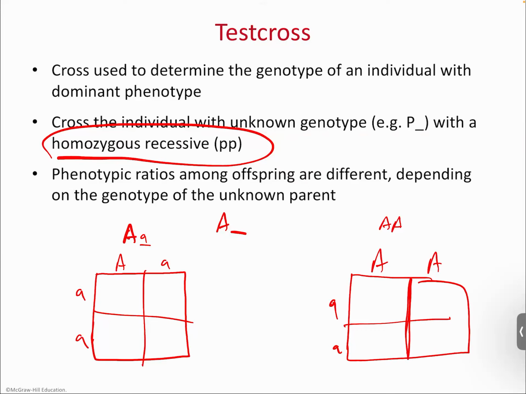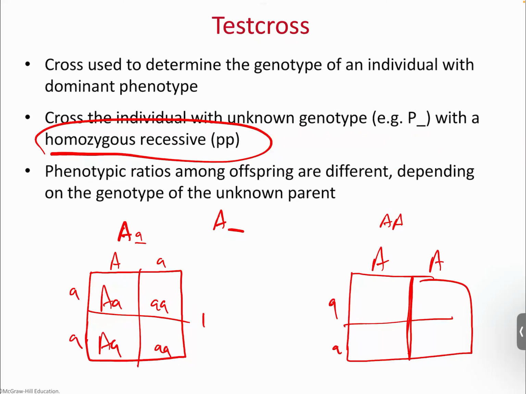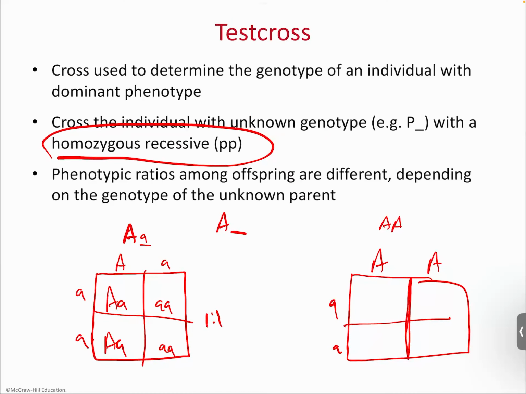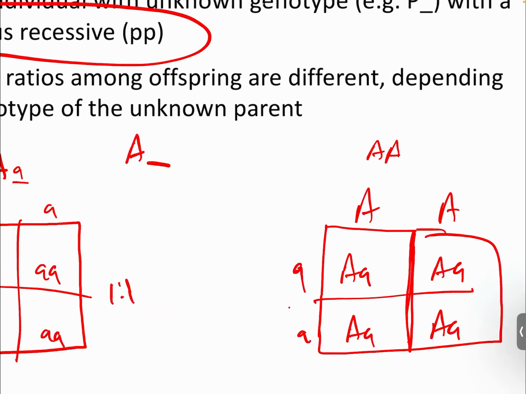So your offspring then will have a diagnostic look, right? In this case, you'll get a heterozygote, homozygous recessive, heterozygote, homozygous recessive. So now what you're going to have is a 1-to-1 phenotype, half dominant, half recessive look. In this one, it's going to be heterozygous, heterozygous, heterozygous, heterozygous.